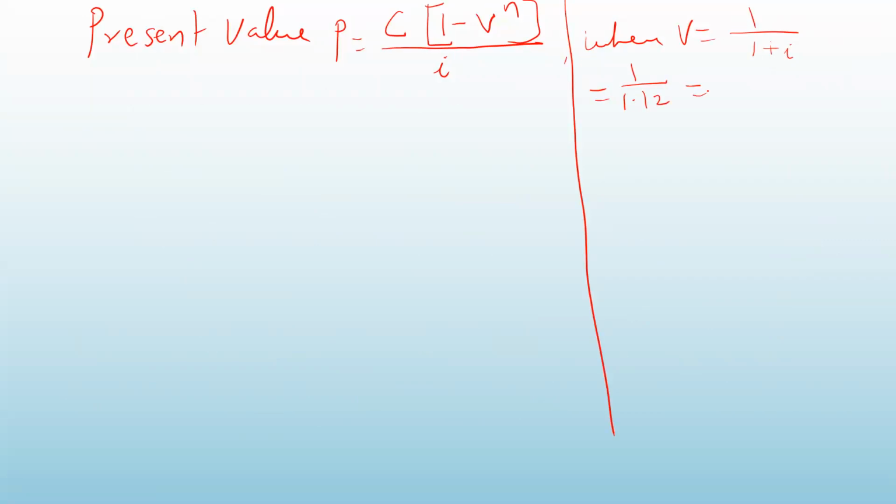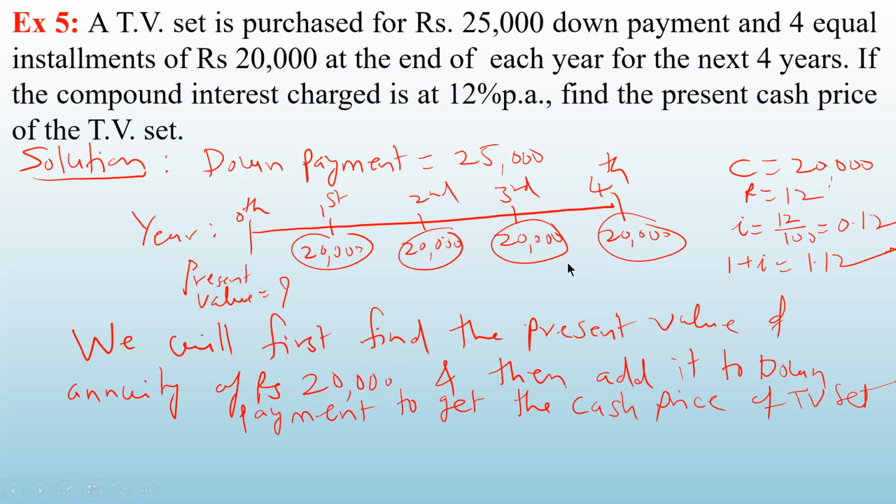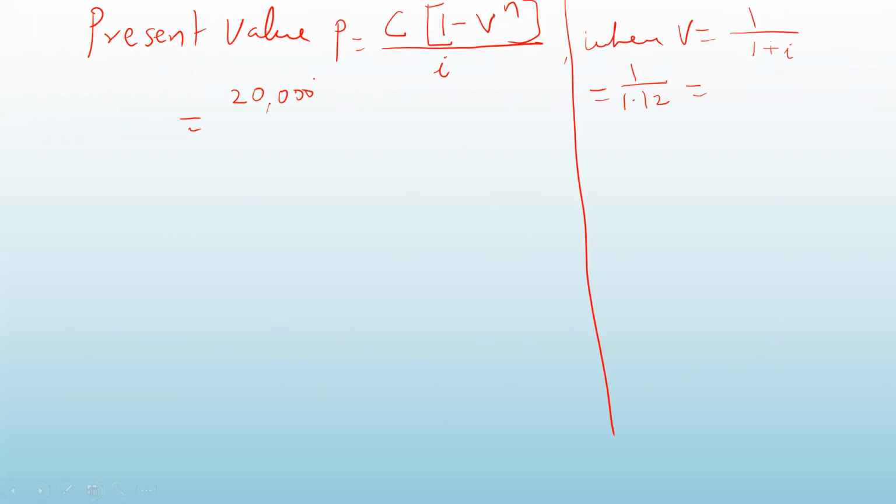Now put everything here. C is how much? 20,000, he is paying the installment of 20,000 for 4 years. So 20,000 into 1 minus V, which is 1 divided by 1.12.